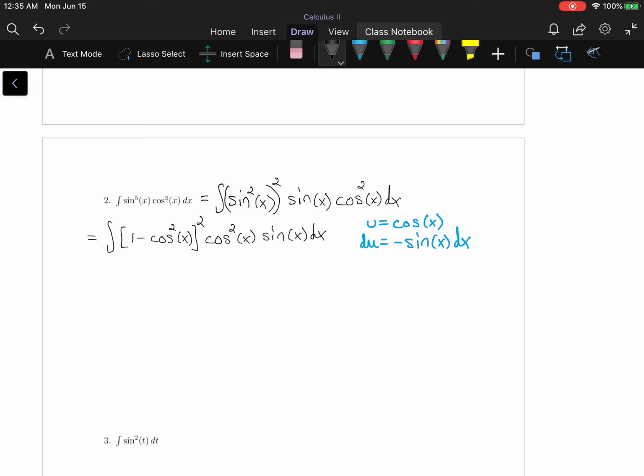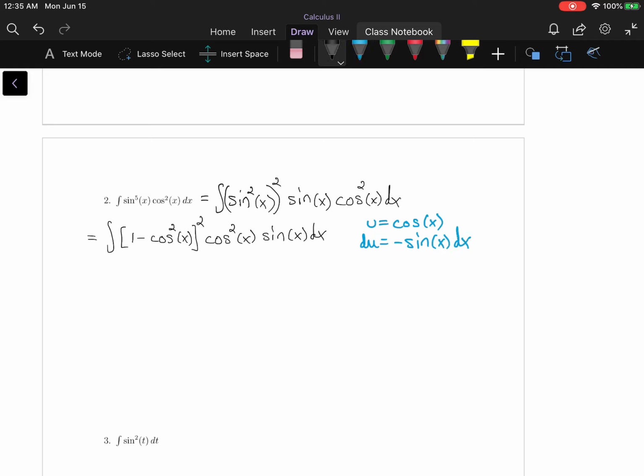So 1 minus u squared. This is going to be 1 minus 2u squared plus u to the fourth. I still have to multiply that by u squared and the negative sign. So I'm going to get negative u squared plus 2u to the fourth minus u to the sixth du, which again is a wonderful polynomial.